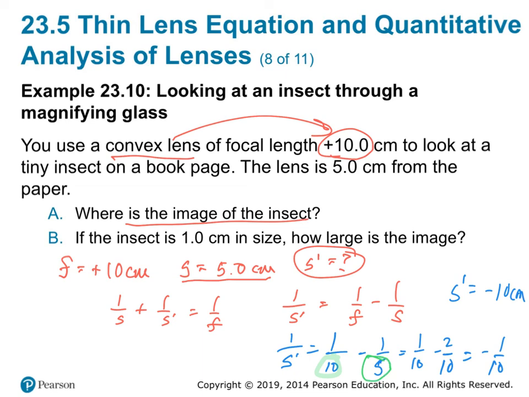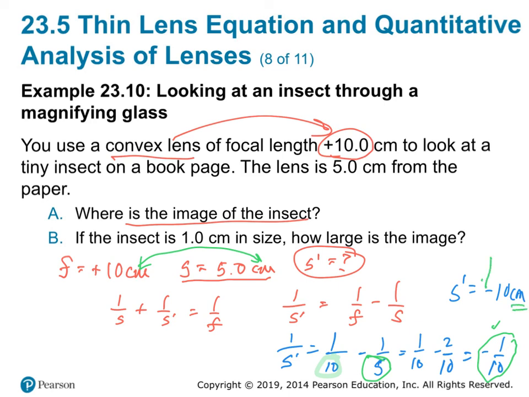I'm subtracting a larger number from a smaller number, and I just kept it in fractions; it's almost easier doing it that way. So I have negative 1/10 is 1 over s prime. Notice how it's a negative number, so when I invert that, I get negative 10 centimeters. I don't have to worry about converting to meters because I have all my units in centimeters, so I'm just going to get an answer in centimeters.